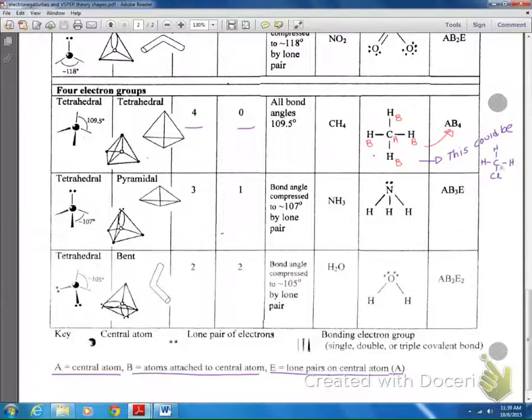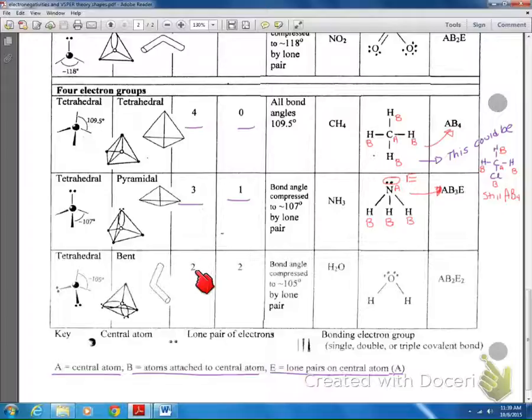So that still counts as an AB4 because it's 4 things bonded to the central atom. So now if we've got 3 things bonded to the central atom and 1 lone pair, it would look like this. So we would have an AB3E atom, and again, it's got a lone pair, so in your heads you should be thinking, I have a polar molecule.